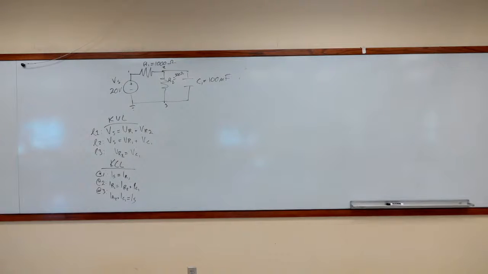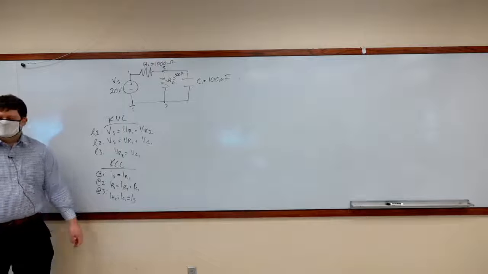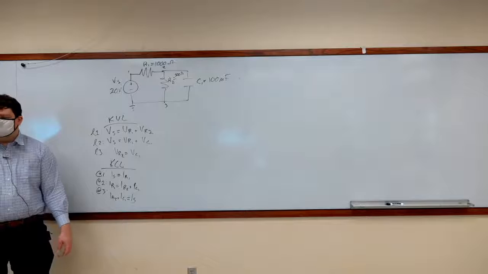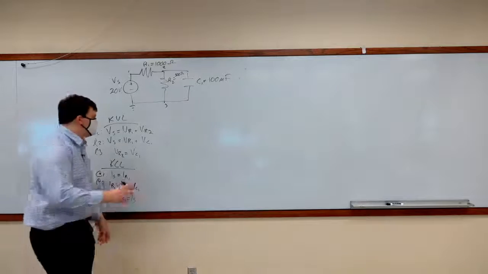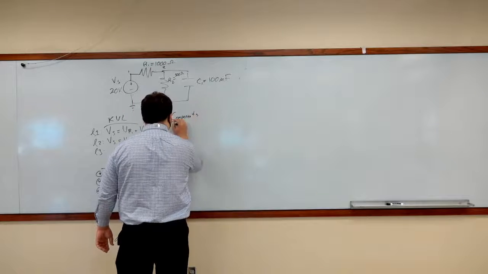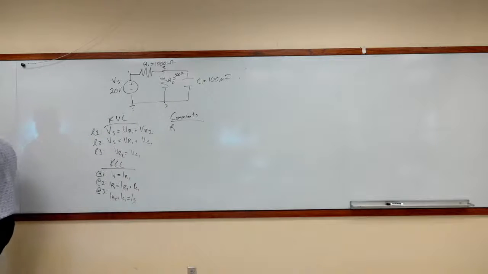What is equation set number 3? It's component equations. What components do we have? Every one of them is going to have an equation, except for the power source. Somebody name a component. R1. Okay, so for R1, what was the relationship between voltage and current in R1? What kind of component is R1?